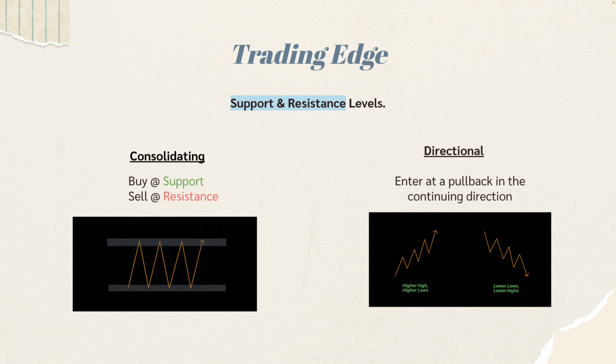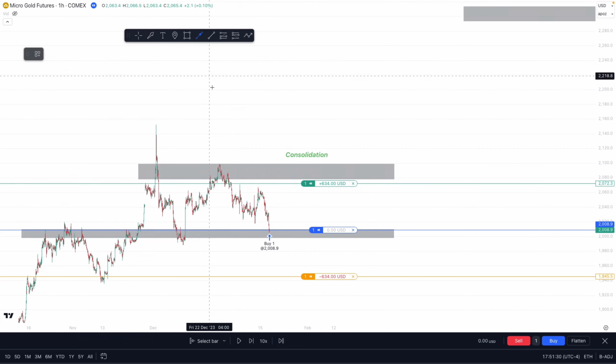I prefer to keep it simple by only using support and resistance levels. My entire trading edge is that I buy at support and sell at resistance. That's it. And I add to winning trades and cut losses short.